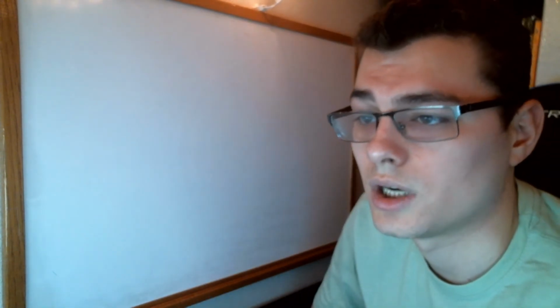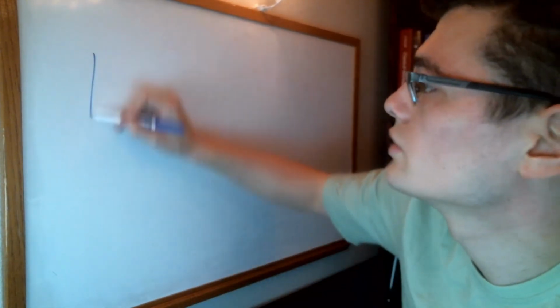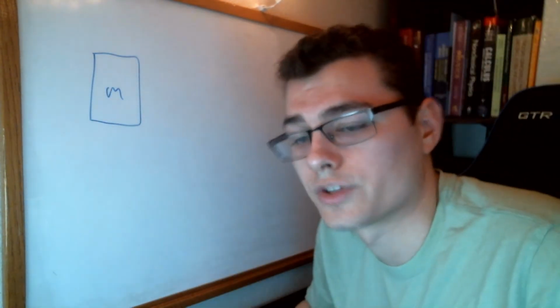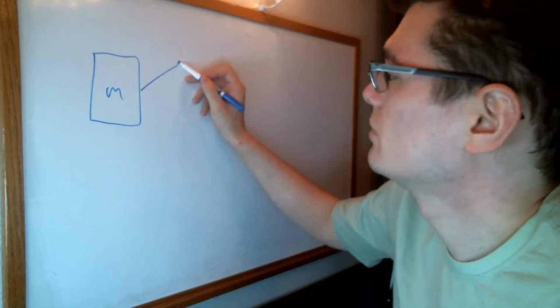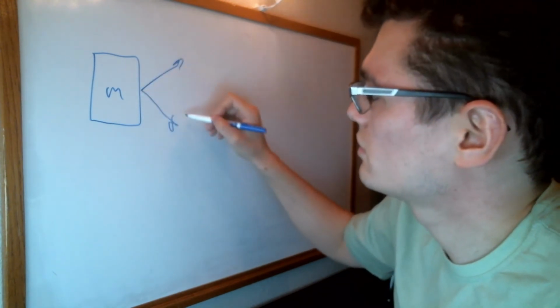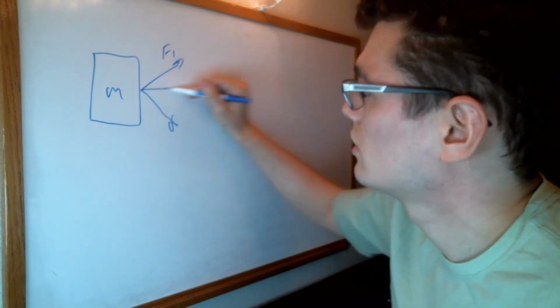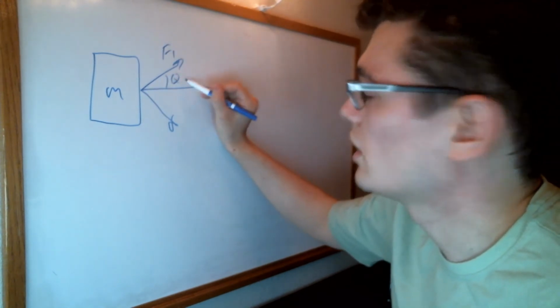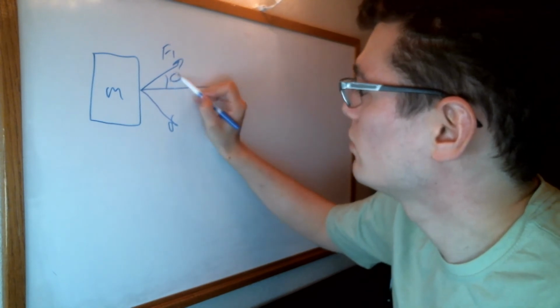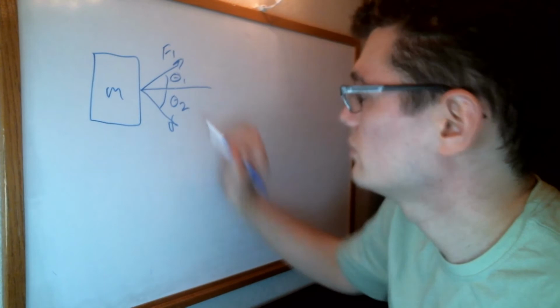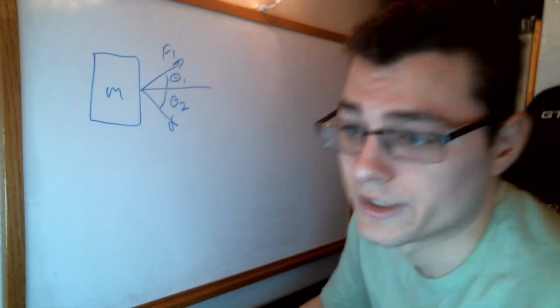Okay, so the next problem is one that we already touched on in the review of the chapter. So we have some mass here that experiences two different forces. This is going to be F1, and this will be theta 1, and this will be theta 2. We use theta and phi.